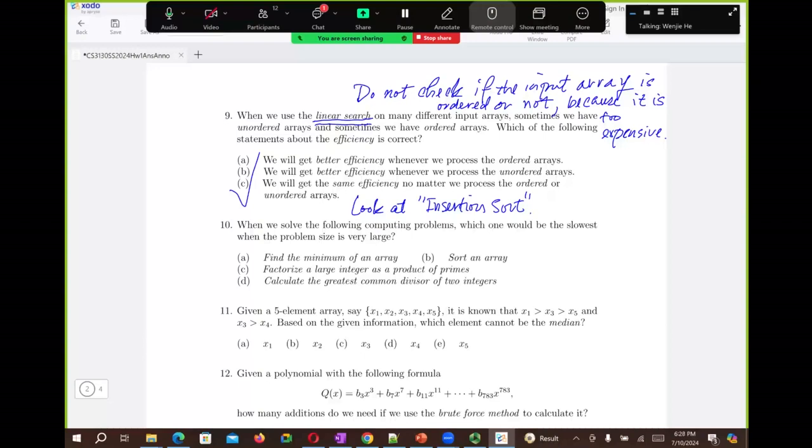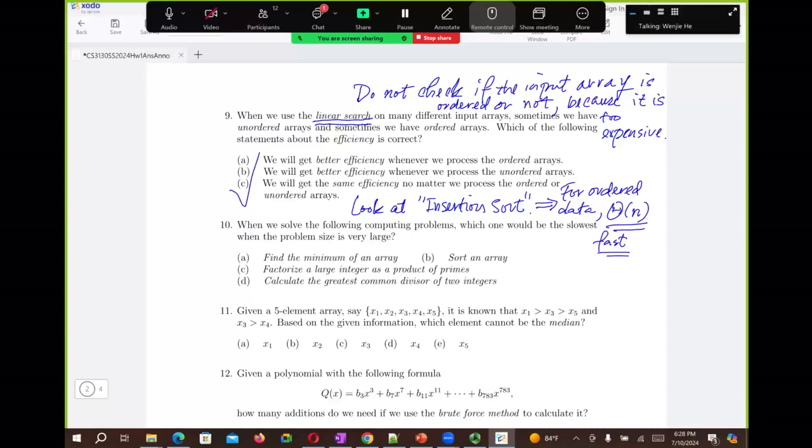So what's the property? For ordered data, it is fast, with big O of n. We know that's extremely fast for the sorting problem.